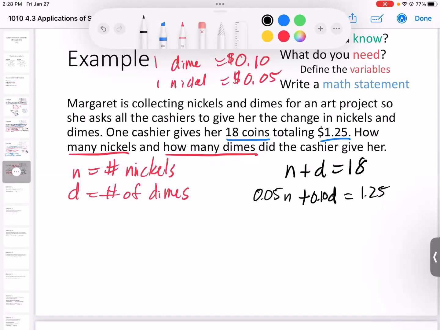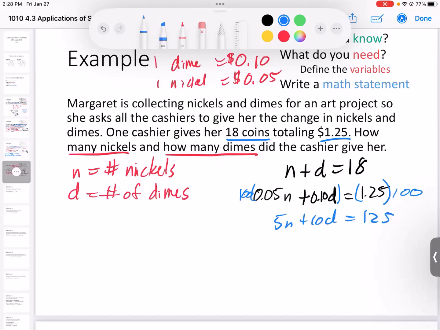I think on this one, it also doesn't really matter whether you do substitution or elimination. You could go either way. I would probably recommend though that you multiply this equation by 100 before you solve it, just because it would get rid of the decimals and make it easier. Essentially, you'd get 5N plus 10D equals 125.